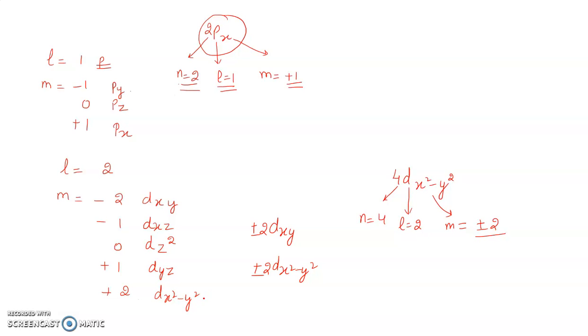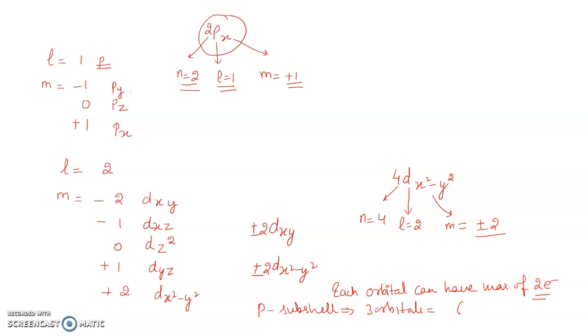Then another point is that each orbital can have maximum of 2 electrons. So if there are 3 orbitals, like in p subshell, total 6 electrons can be there in p subshell.